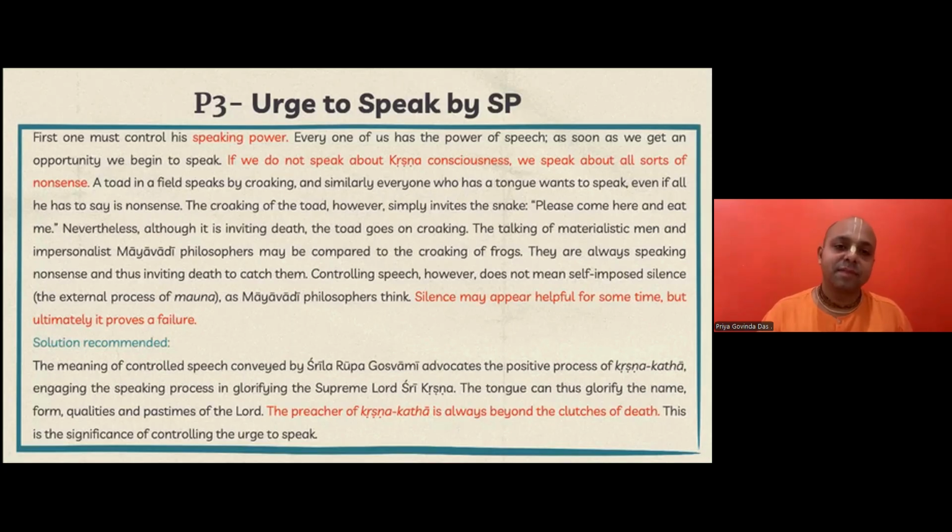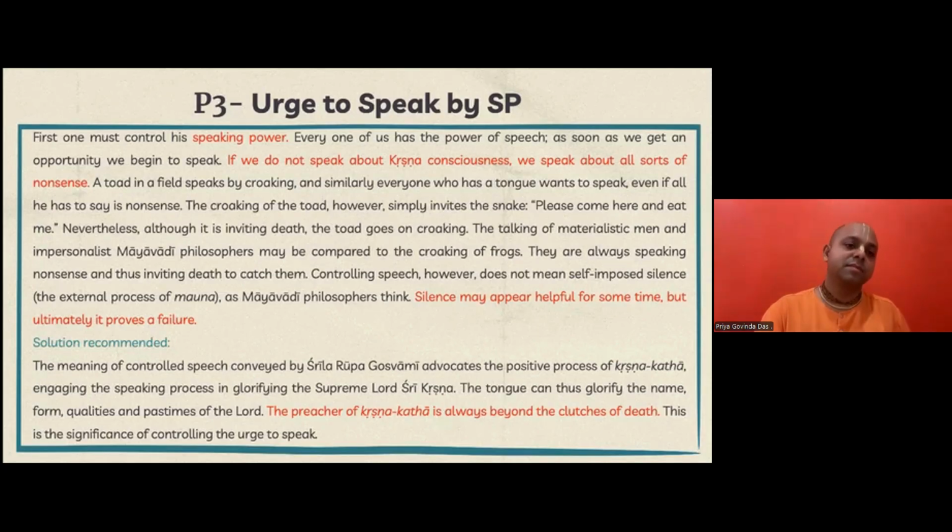The talking of materialistic men and impersonalist Mayavadi philosophers may be compared to the croaking of frogs. They are always speaking nonsense and thus inviting death to catch them. Controlling speech, however, does not mean self-imposed silence, the external process of mauna, as Mayavadi philosophers think. Silence may appear helpful for some time, but ultimately it proves a failure.